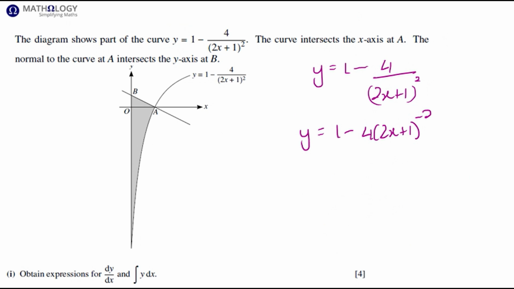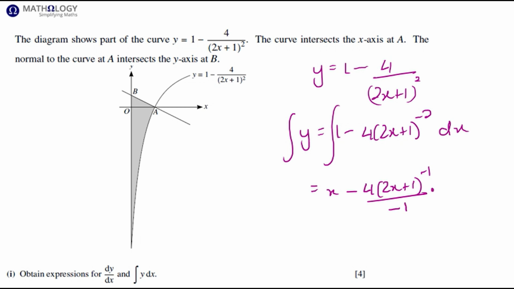And then to find the integral of y dx, that would be the integral of 1 with respect to x will just be x. Minus 4 is a constant. We then integrate (2x plus 1) to the minus 2, so we add 1. So we'll have (2x plus 1) to the minus 1 divided by minus 1.